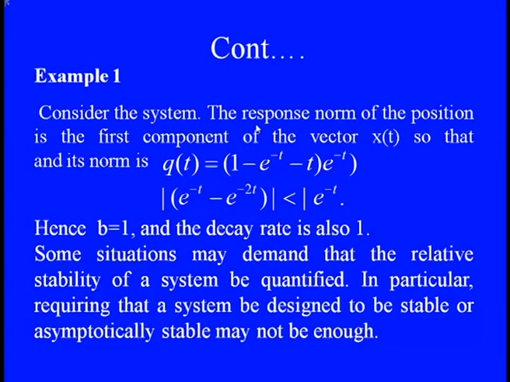So in some situations the relative stability of the system can also be quantified, in particular whether the system is designed to be stable or asymptotically stable, which alone may not give a significant solution. Here we are saying how the exponential decay is featured and how we can get the decay rate in this case.